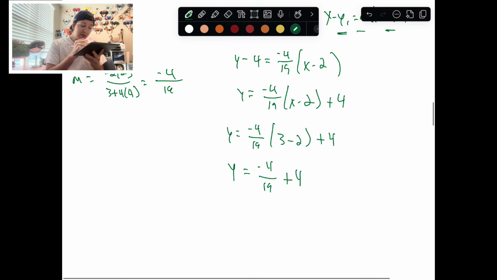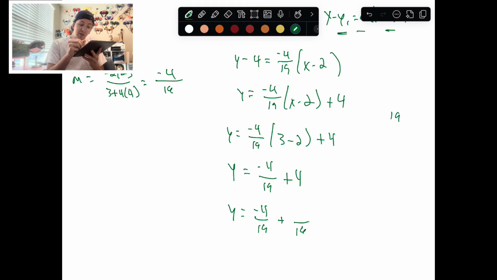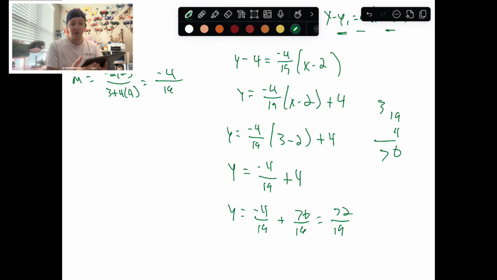Get like denominators in this case, so y is equal to negative 4 over 19 plus 76 over 19. What is 19 times 4? That will be 76. Add that 76 and negative 4 together, and we get 72 over 19 as our final answer. And that is our approximation of this y value.